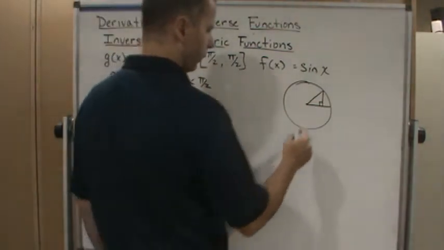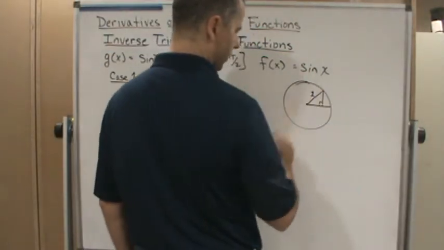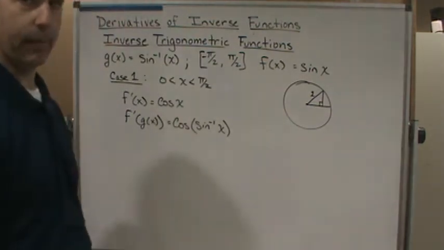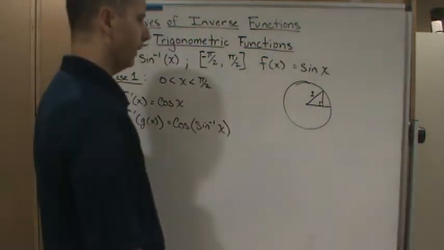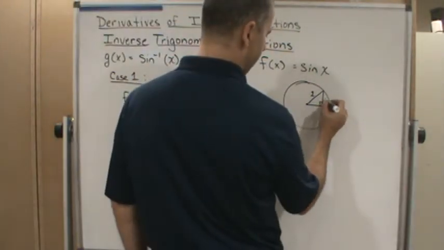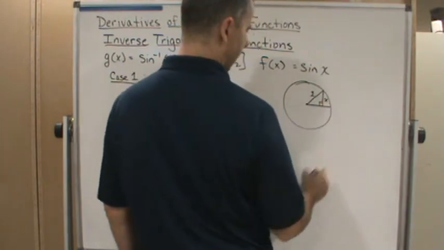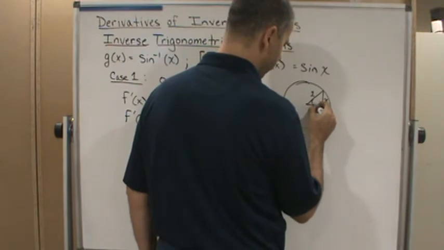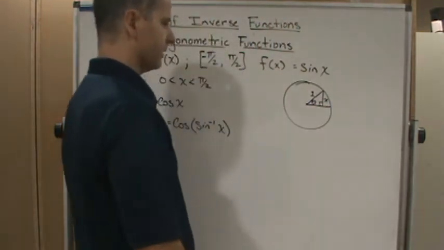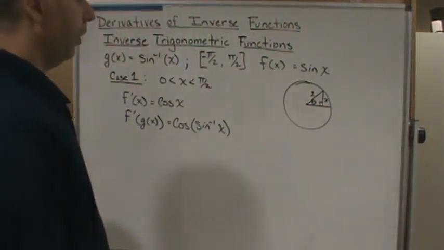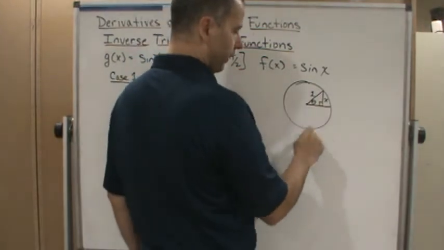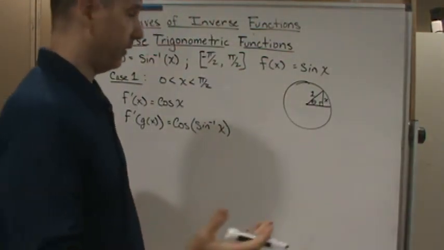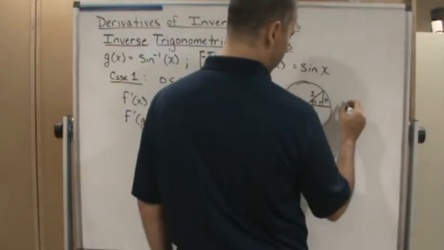On the unit circle, the radius is 1, which is the hypotenuse of the right triangle. Let's say the side opposite the angle is x. To get this other side, we use the Pythagorean Theorem.